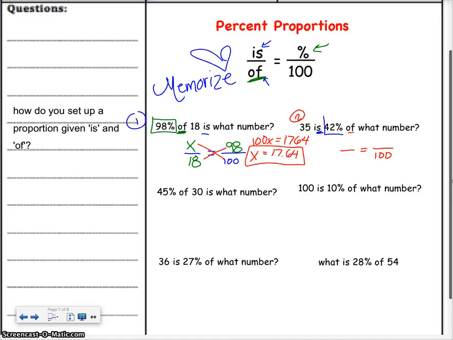So clearly the 42% goes where the percent goes. And then 35 is my is. Is goes on the top. So I'm looking for my of on the bottom. Use the cross product. 42x equals 3,500. 3,500 divided by 42, 83.3 repeating.